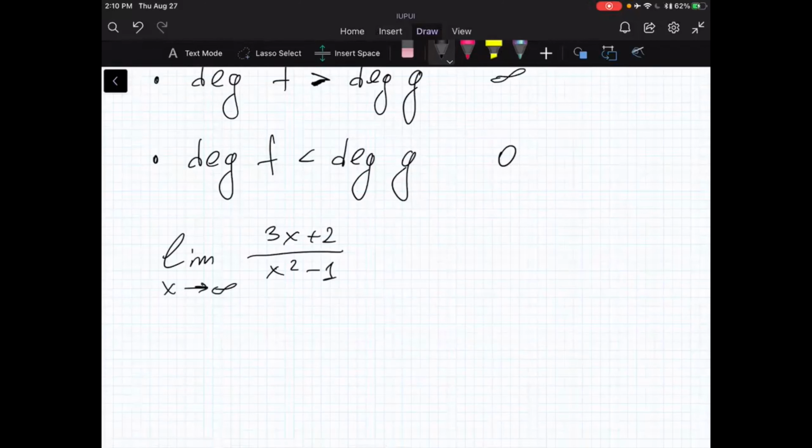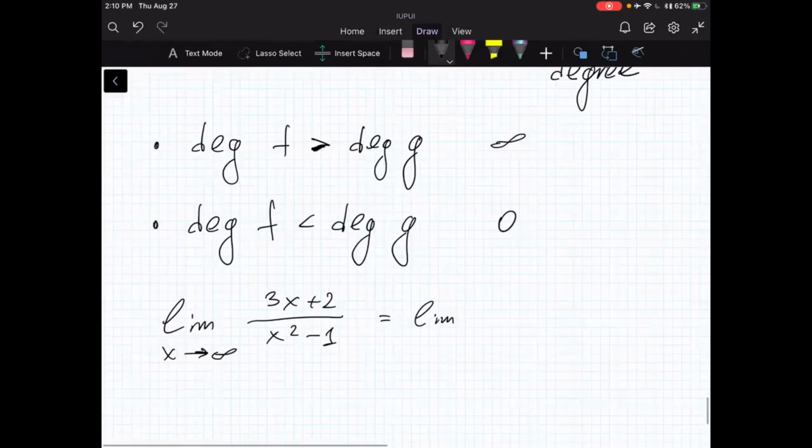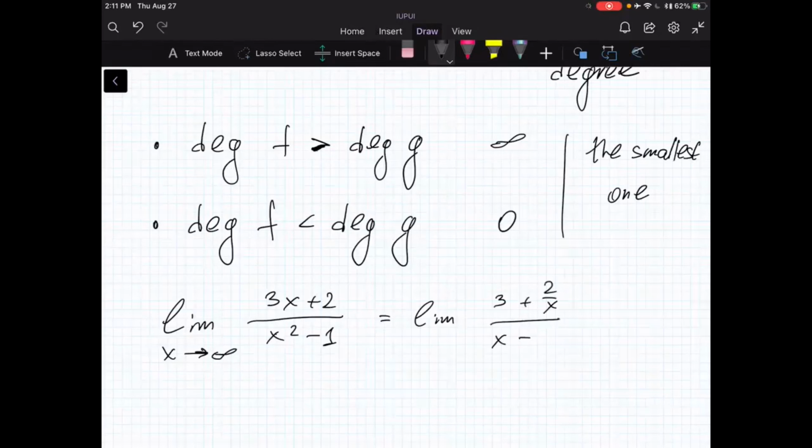Then you divide by x, and you get the limit. Yes, in these two cases, you divide by the smallest one. Smallest degree of these two. Then you get the limit of 3 plus 2 over x divided by x minus 1 over x.